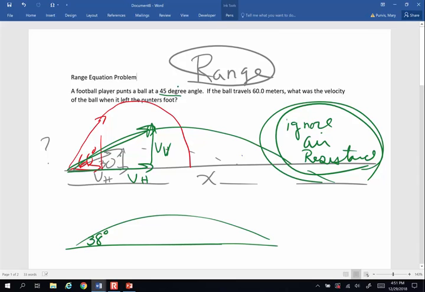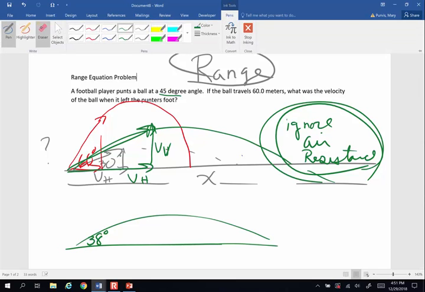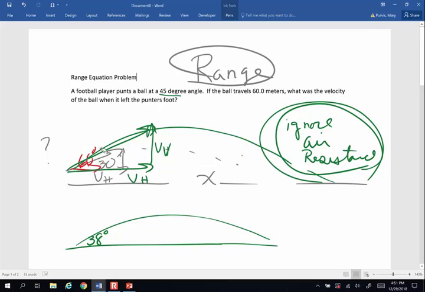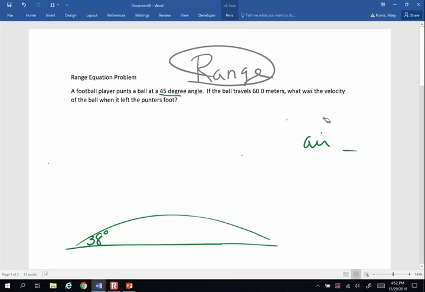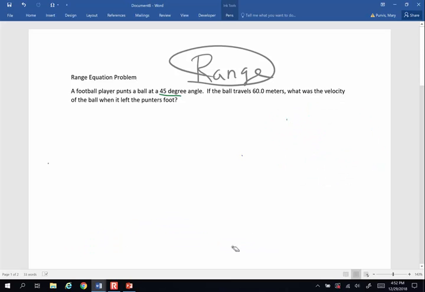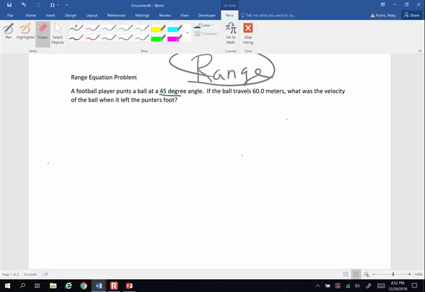But in our problem, we're going to stick here with 45, and we're going to use an equation that we have not used before. This is in your OpenStax textbook, and this is the range equation. So let's take a look at that.